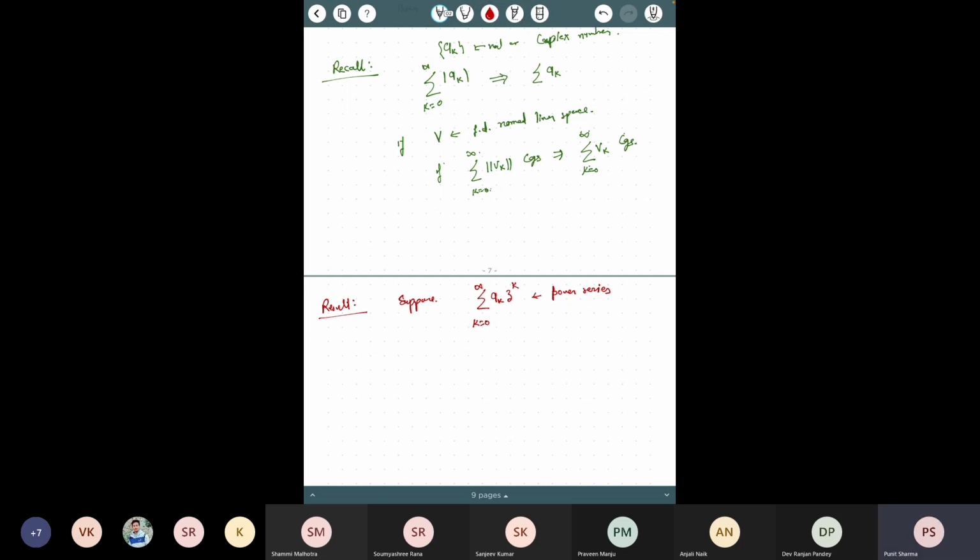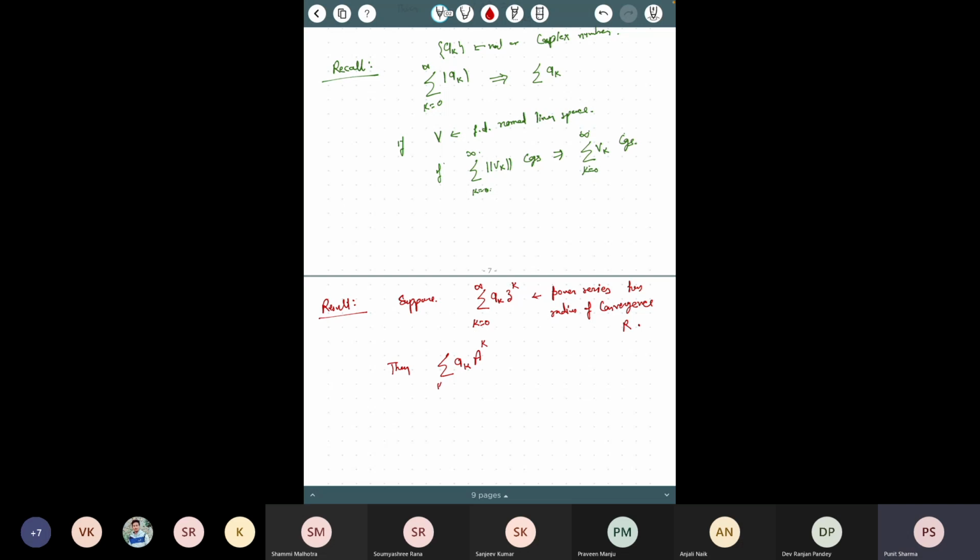Suppose that this power series has radius of convergence r. Then the matrix valued series, with the same coefficients a_k, where now I am replacing z by A, where A is a matrix.